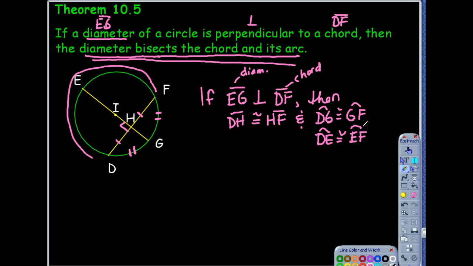So several different things are going to be congruent, which is kind of cool. Something to also notice is that this diameter ends up being a perpendicular bisector of this chord. In fact, there are so many relationships in here. Oh my gosh. It's amazing, and it will really take us back to chapter 4 again when we start looking at some of the relationships.